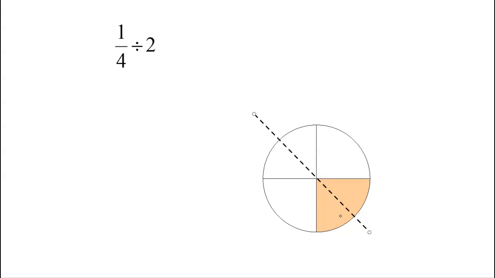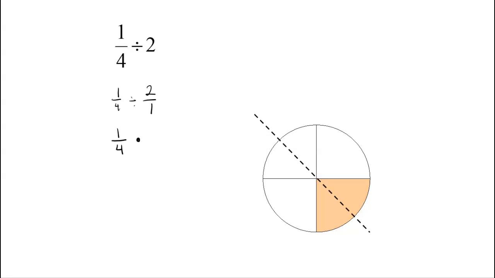So again, let's flip this and see kind of what happens. So this will become 1/4. The first thing I'm going to do is I'm going to rewrite this problem as 2 over 1. So again, I'm going to keep 1/4 the same, right? I'm going to change my division to multiplication. And remember that multiplication can either be a dot or an X, it doesn't matter.